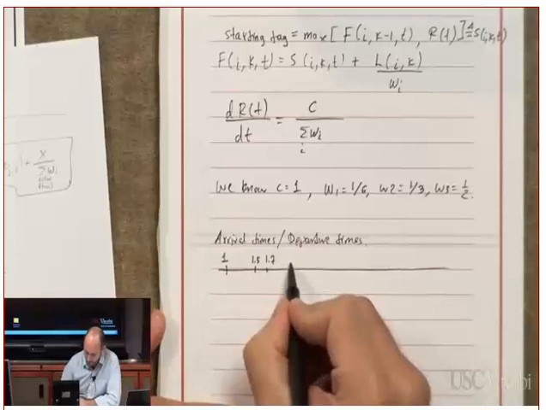Can we find the F? This can be done from the graph more easily, right?